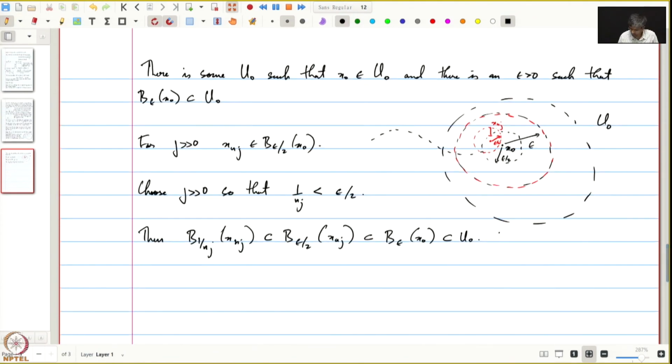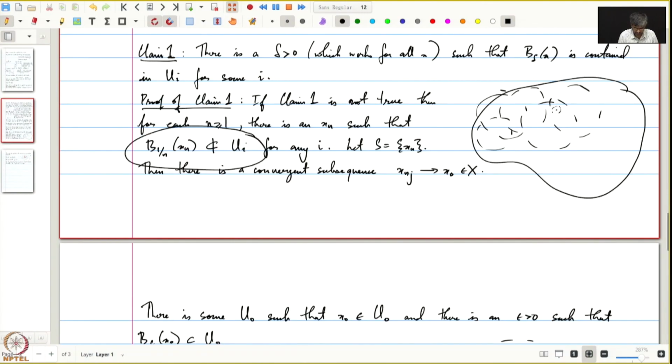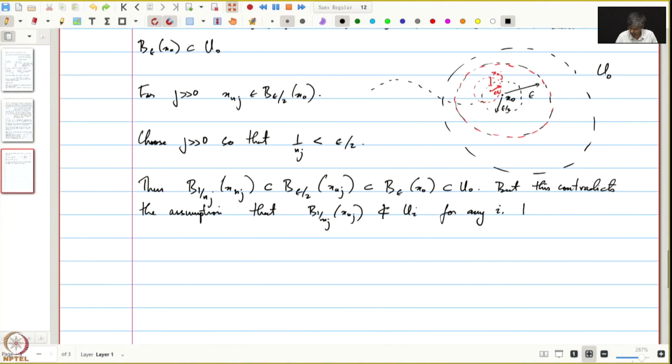Okay, but this contradicts the assumption that the ball of radius 1 upon n j around x n j is not contained in u i for any i, right? So recall that we had constructed this sequence x n's by requiring that they satisfy this condition, but we have now contradicted this condition. Okay, so this proves claim 1.